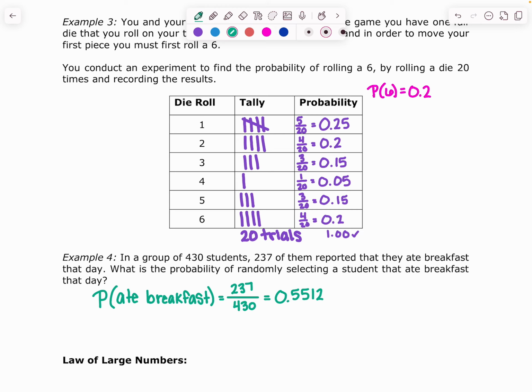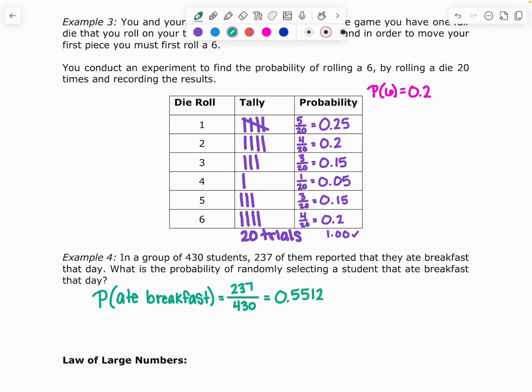So looking back at example 3, we see that the probability of rolling a 6 based off of our experiment came out to be 0.2. But in theory, the probability of rolling a 6 should have been closer to 16%, which is 1 divided by 6.